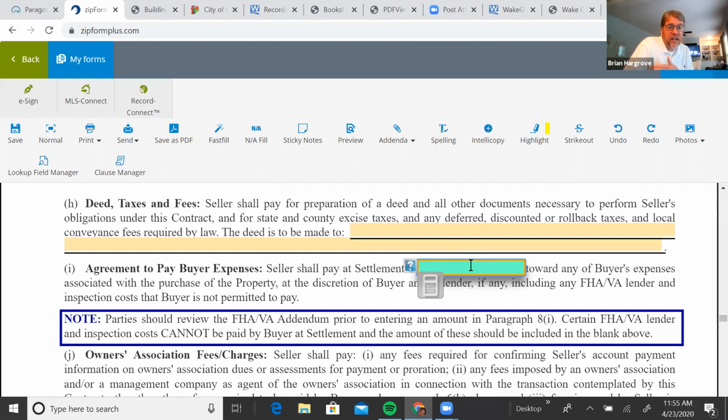Some loans have guidelines on how much you can ask for. So figure out what you can ask. But in most cases, here's what I would tell you. If you have a first-time home buyer and they say, look, we really want to do this, but we are really tight on funds, we want to make sure that all the closing costs are paid for by the seller, again, I would have a conversation with the lender, but I would make sure that whatever number I put in here is going to protect them and cover all their closing costs.